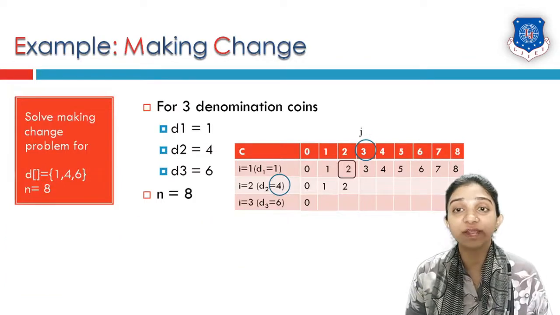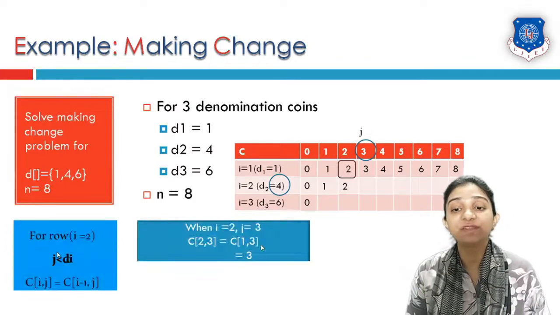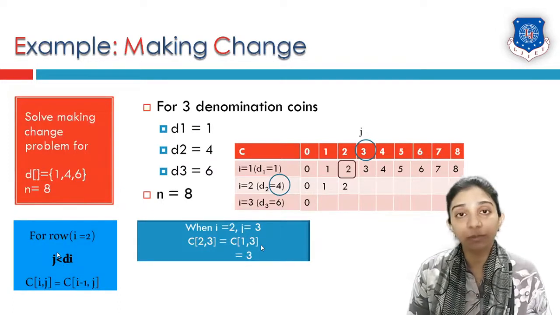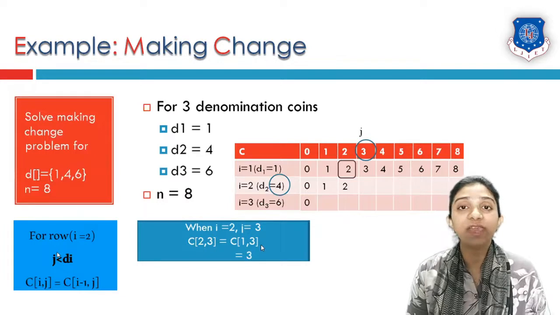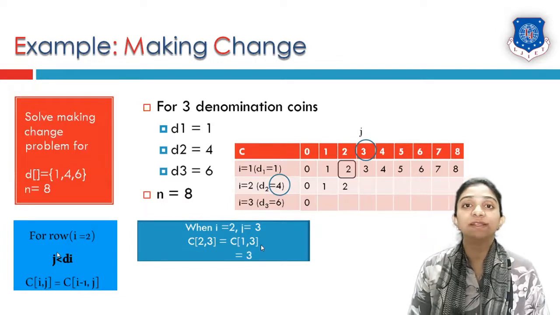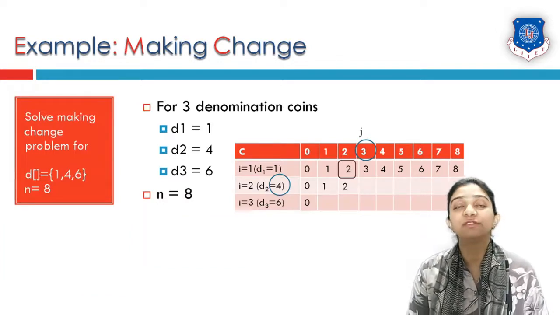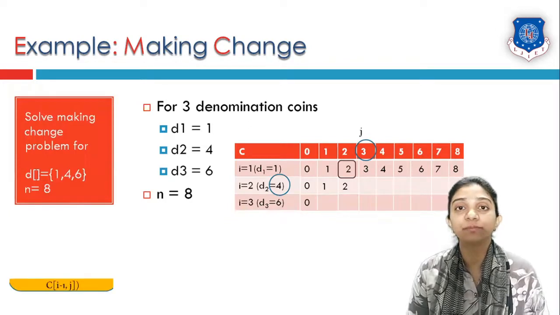For row 2, cell number 3, that means for this particular cell, when I is 2 and j is 3, C of 2 comma 3 is equal to C of 1 comma 3. That is equal to 3 itself. So the value 3 will be stored.